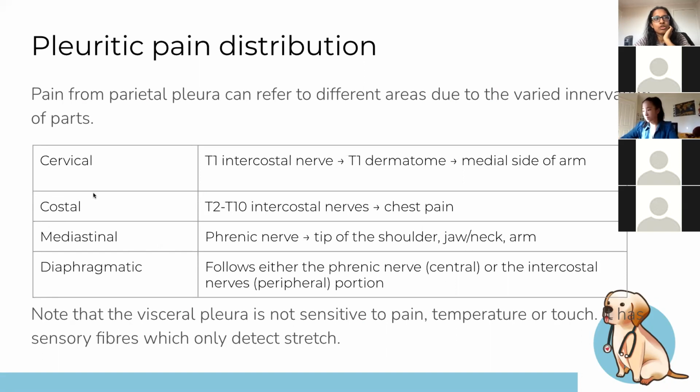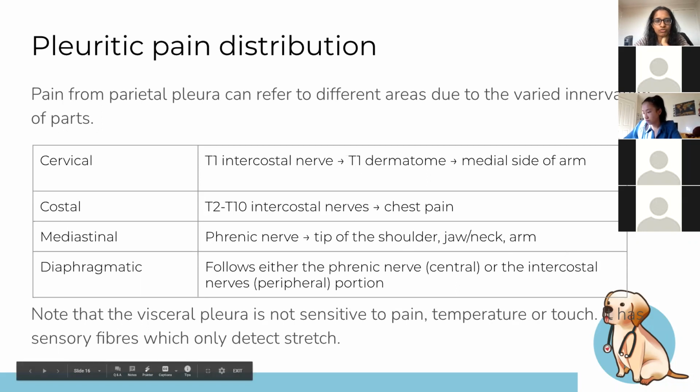For example, your costal pleura goes to your T2 to T10 intercostal nerves, and it will mainly present with chest pain. Your diaphragmatic pleura is quite weird. The central part follows your phrenic nerve, and your intercostal nerves supply the peripheral portion of your diaphragmatic pleura. But just follow this table, and that'll tell you where the pain distribution is.